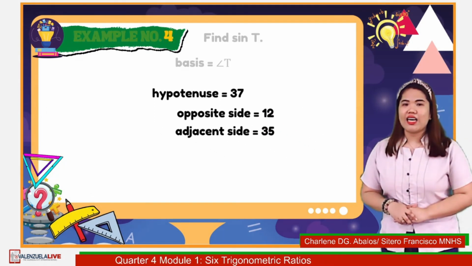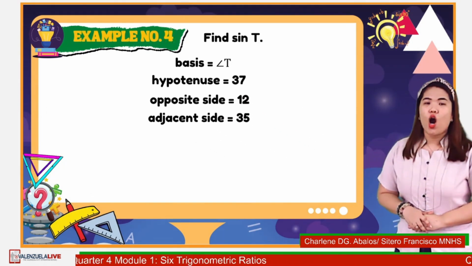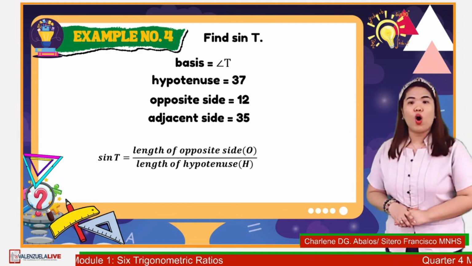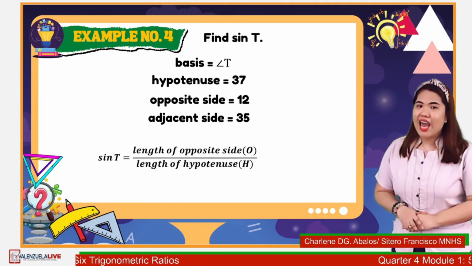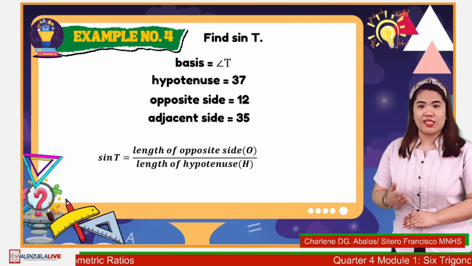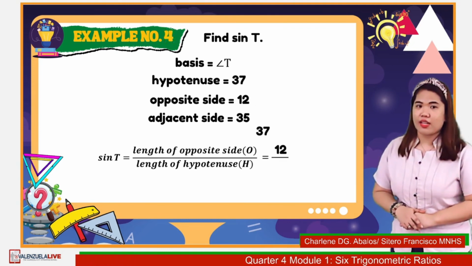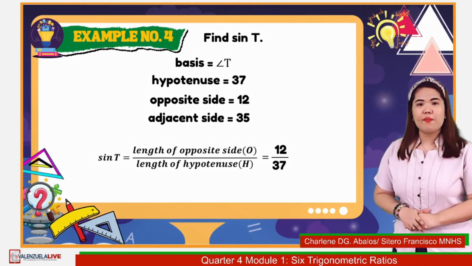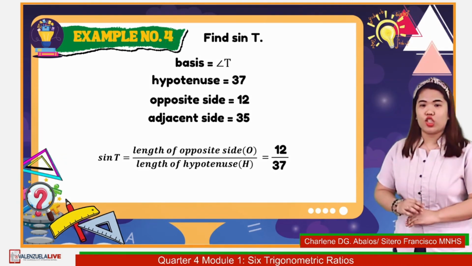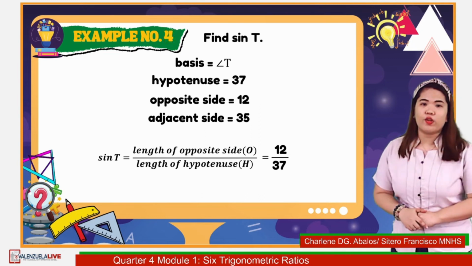Sine T is equal to opposite side over hypotenuse. The length of the opposite side is 12 and the length of hypotenuse is 37. Therefore, sine T is equal to 12 over 37.